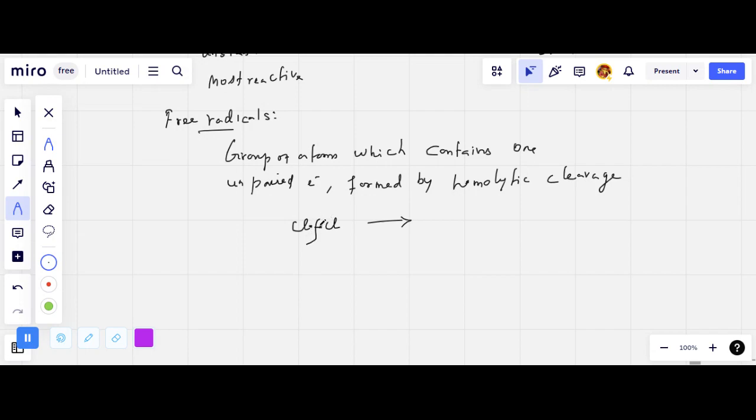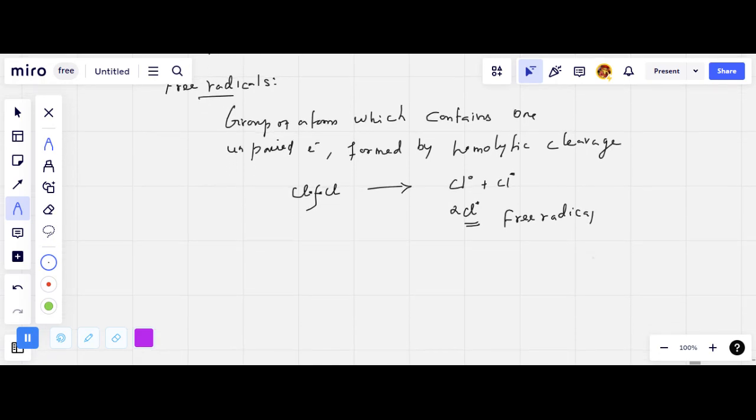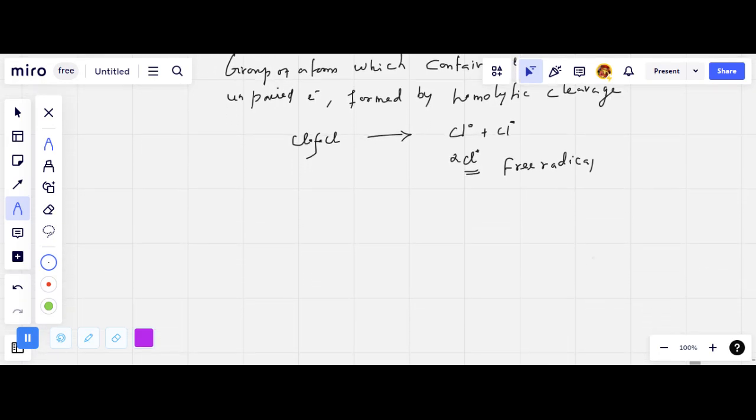The two electrons will be shared equally, an equal distribution of electrons. So you get one electron each, Cl dot plus Cl dot. Otherwise, you can write it like this. So this is a free radical. Sometimes free radicals can also be an intermediate product.